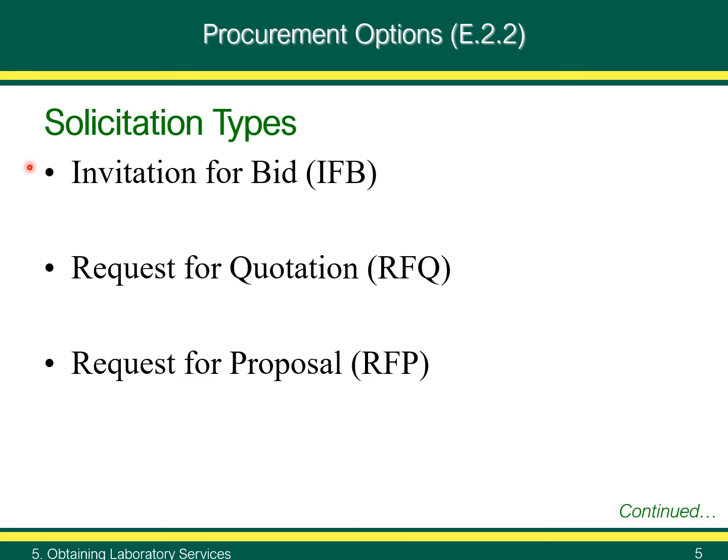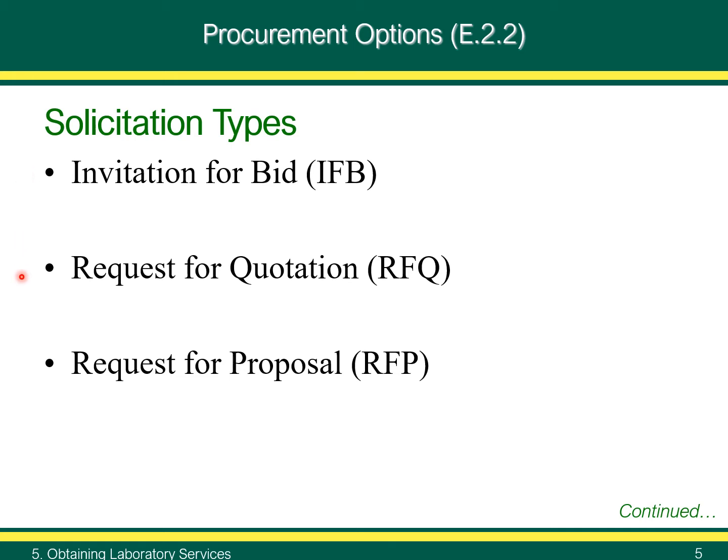The second step is then strictly based on cost. It involves only those laboratories that will be able to meet specifications. So in the end, this process is competitive and is awarded based solely on cost. The resulting contract is fixed price.